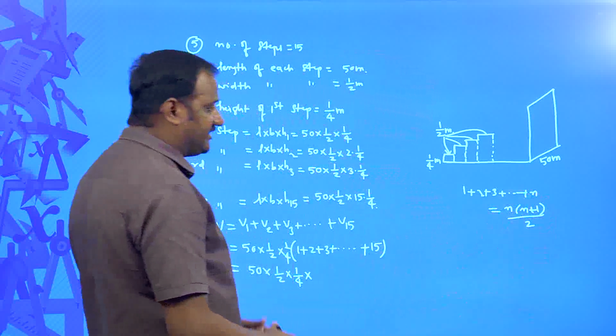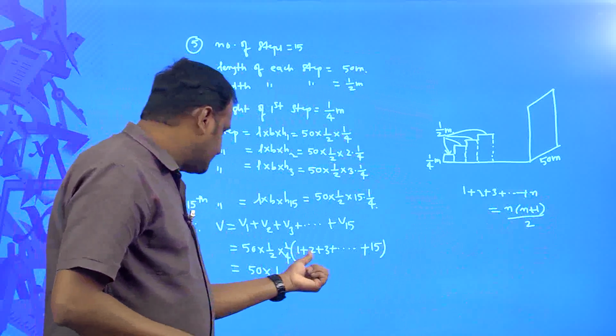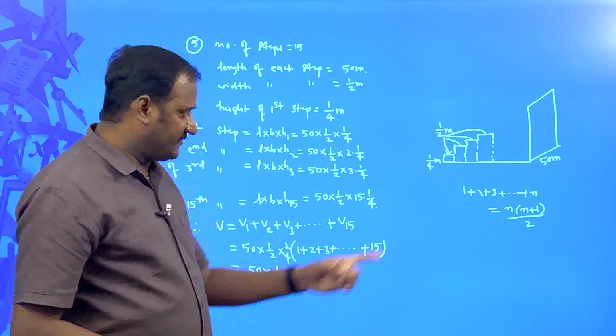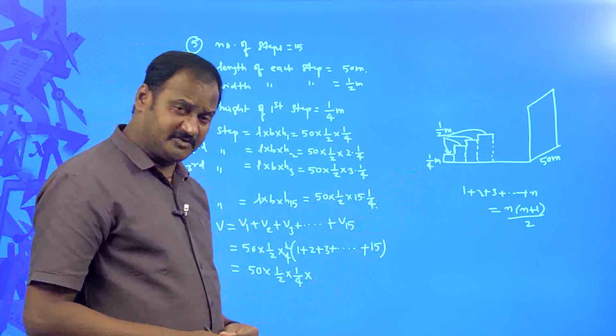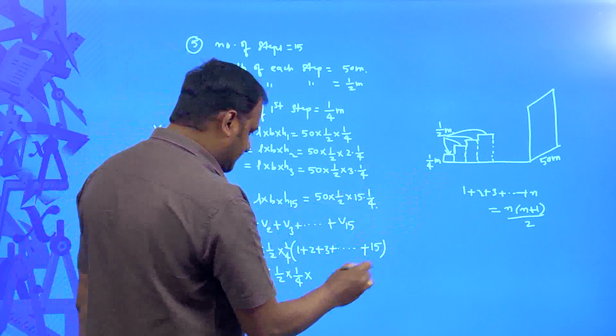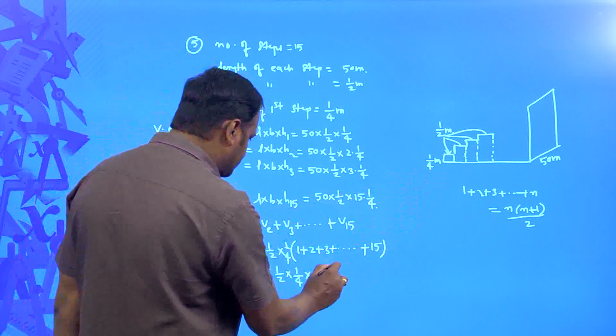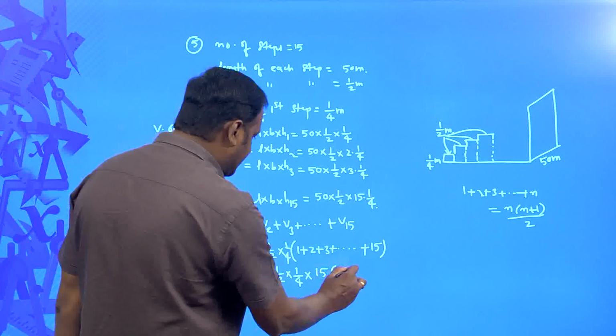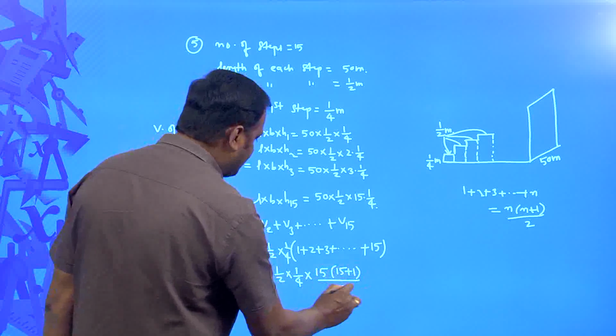How many natural numbers are there? 15 natural numbers are there. Can we use that formula? Can we substitute n equal to 15? Right. So, n into n plus 1 by 2, that is 15 into 15 plus 1 divided by 2, right.